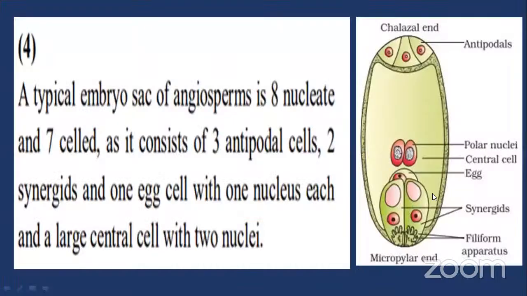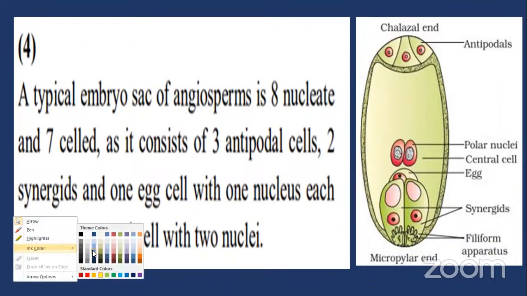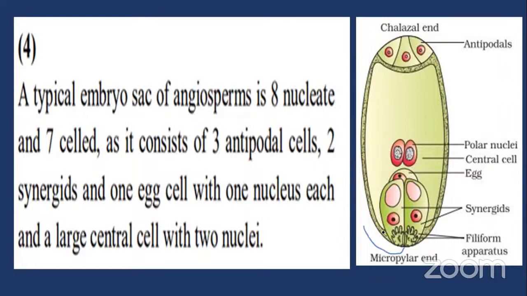See the next one. This part is called the chalazal part. Here it is taken reversely. See this one, very, very important, my dear. So here is the micropylar end. The filiform apparatus is also there, the synergid cells also there, the egg cell. So 3 are in the corner.